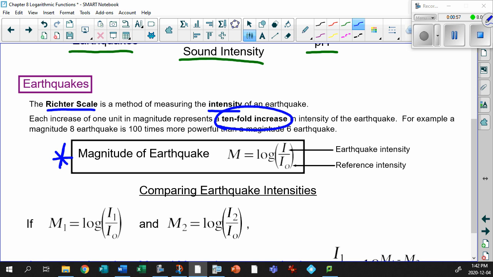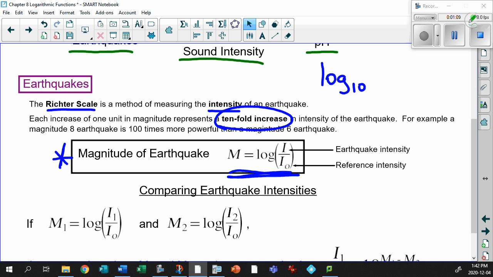As soon as you start thinking tenfold, I think of log base 10. And here's the formula for it. Now, I'm not going to make you memorize that formula, and every time I see a question like this on an exam, they always throw the formula at you. But think about this: it's basically the intensity of the earthquake divided by a reference. You take the log of it, you get something called the magnitude.